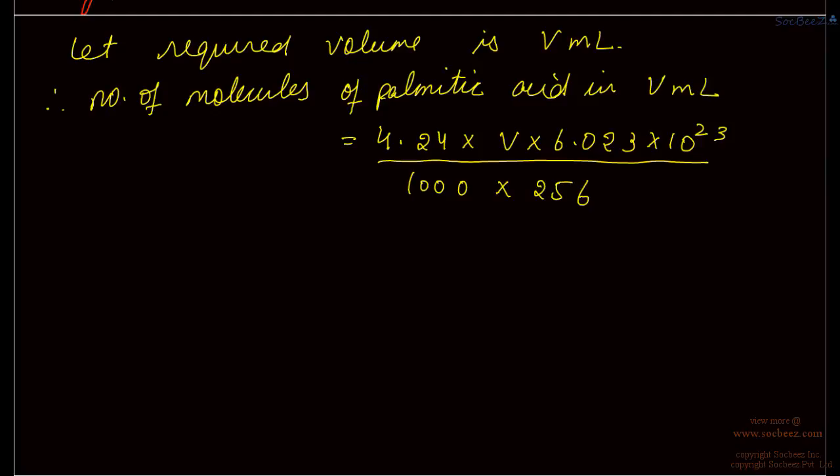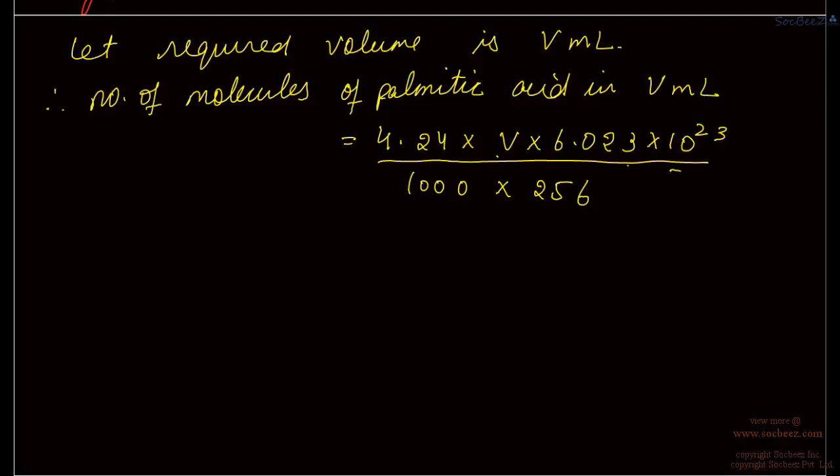So from here, the benzene contains 4.24 gram of acid per decimeter cube, therefore this is the total number of moles, this is the volume, and this is the Avogadro number.